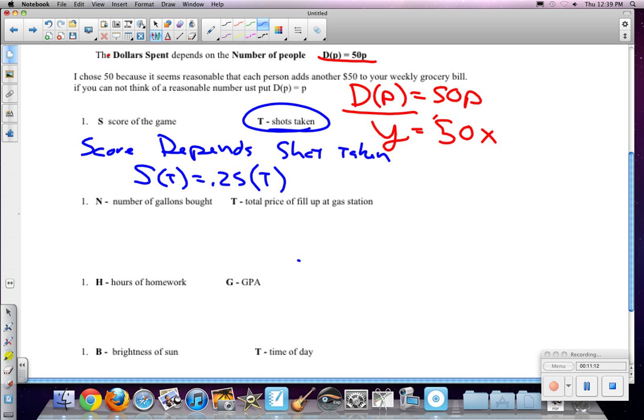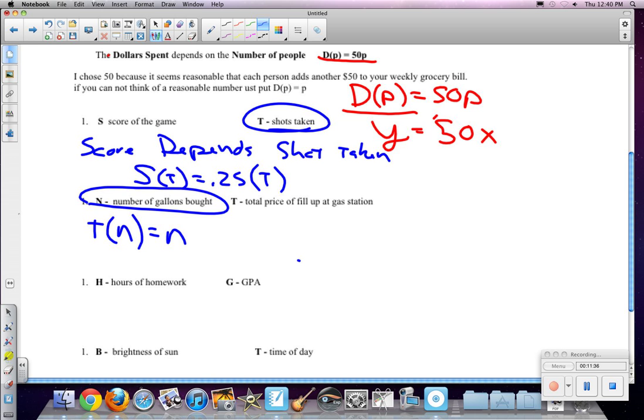How about number of gallons bought and total price of the gas station fill-up? The total price at the gas station fill-up is dependent upon the number of gallons bought. So T of N, and this would be my independent variable. How many gallons are usually in a car? Like 20, 24? It depends.